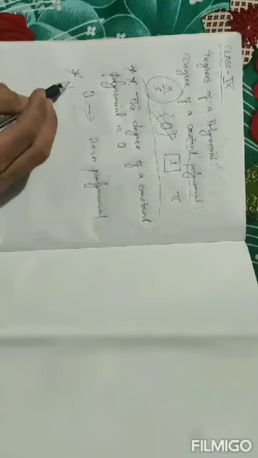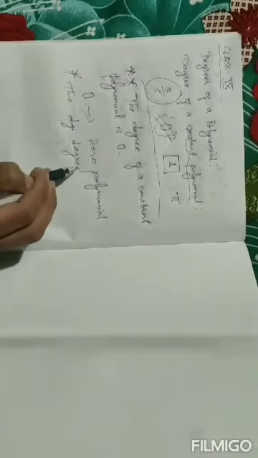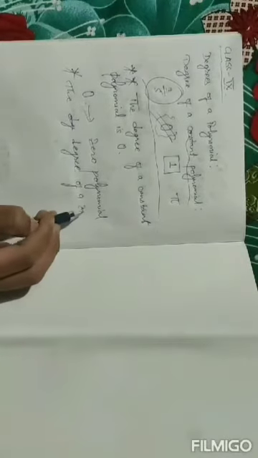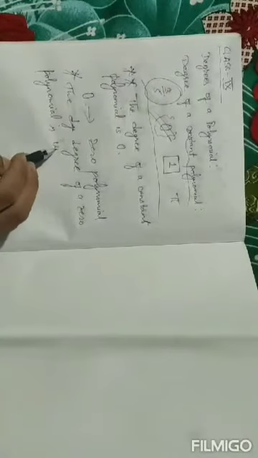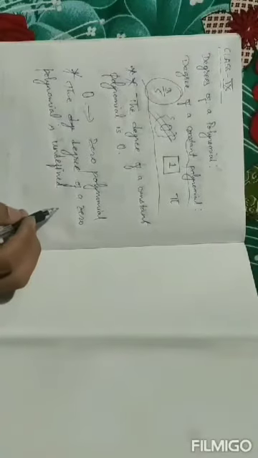So now, what is the degree of the zero polynomial? Keep it in your mind: the degree of a zero polynomial is undefined. What do you mean by undefined? It's not fixed.